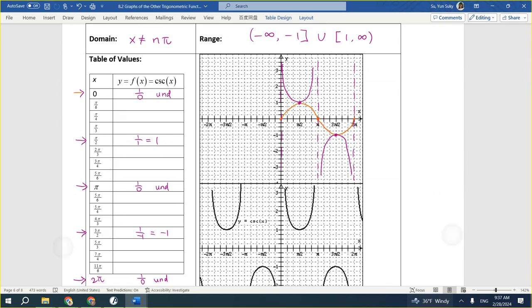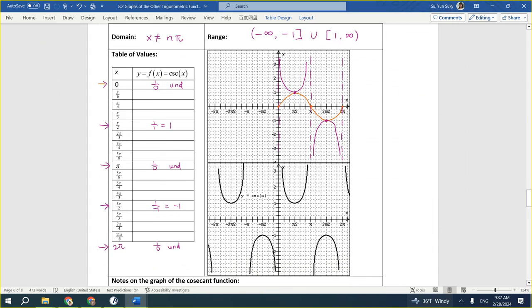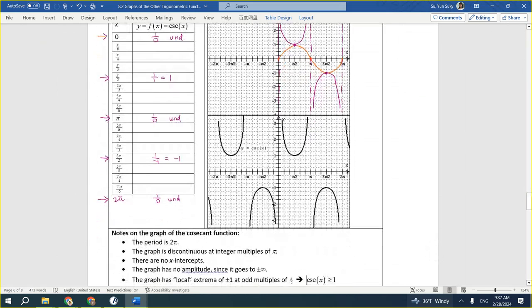Okay. So now let's see. The period is also 2 pi, right? Because it depends on the sine. The sine period is 2 pi. And the graph is discontinuous at integral multiples of pi. It has no x-intercept. It does not cross the x-axis.